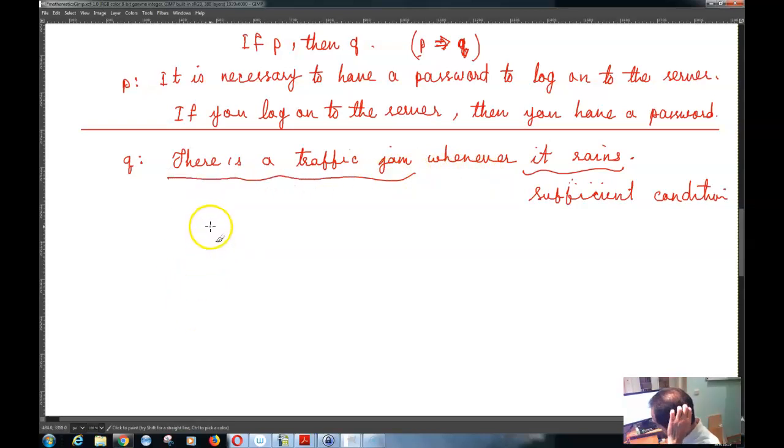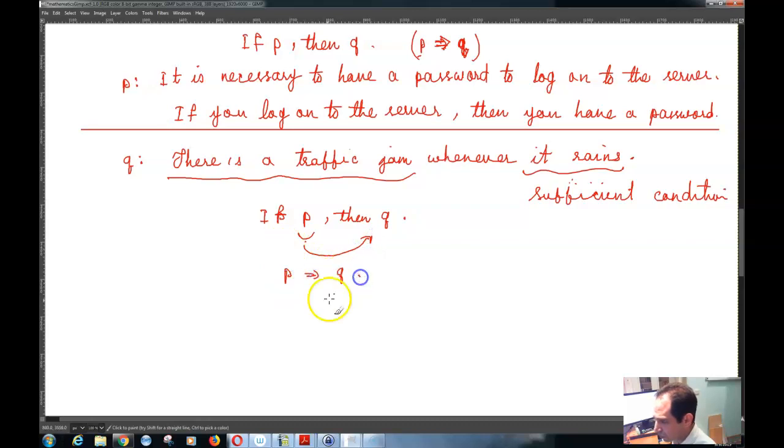So that means that when you write a statement as if P, then Q, P is a sufficient condition for Q. So then you can say if it rains, or whenever it rains, there is a traffic jam.